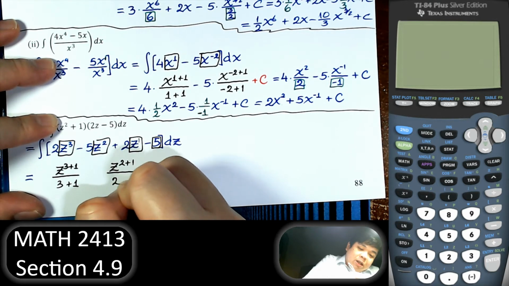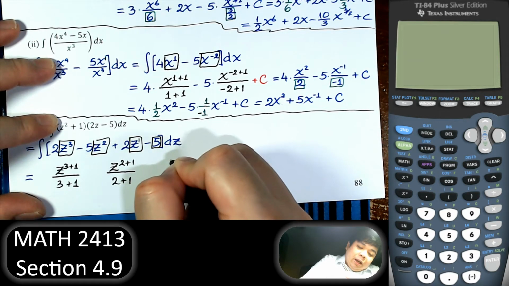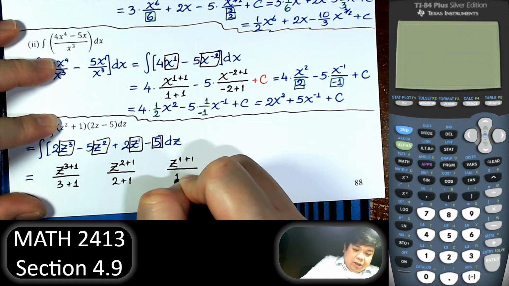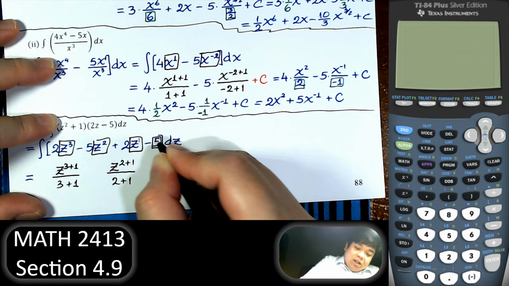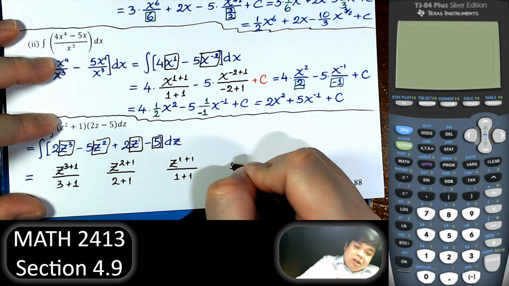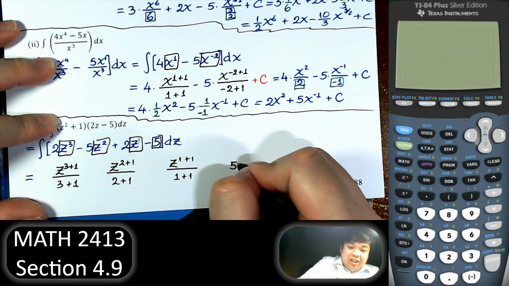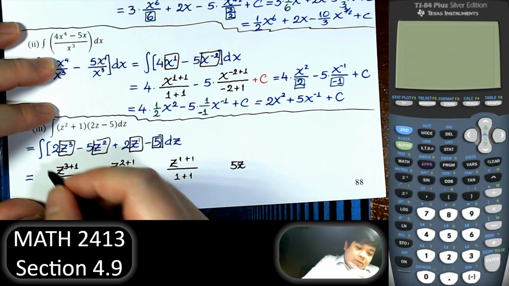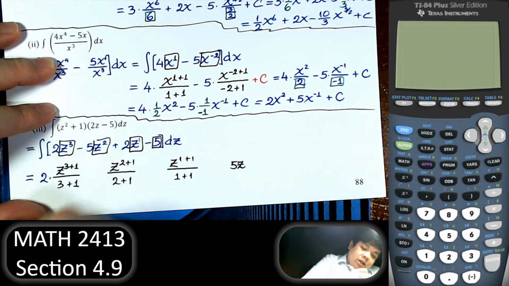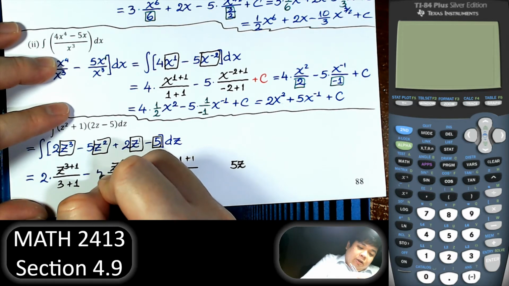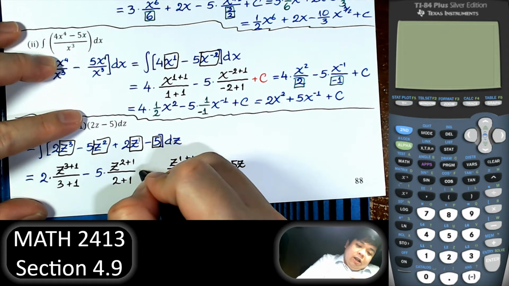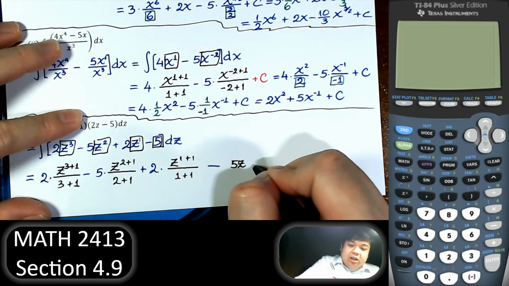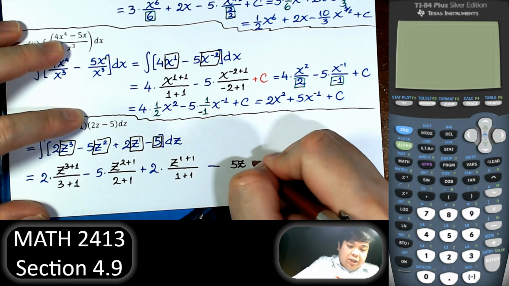And when there's a constant, we stick the variable to it. This case is z. Now there's a 2 multiplied to this, and then minus 5 multiplied to this, plus 2 multiplied to that, plus constant c.